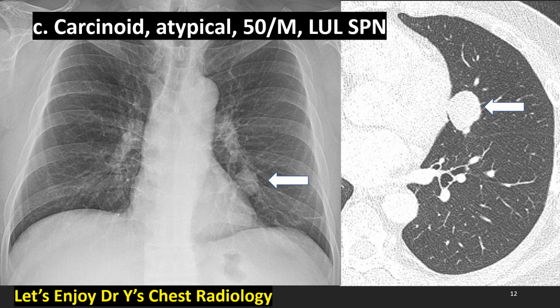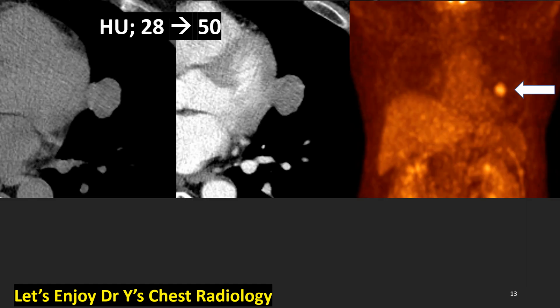Third case, atypical carcinoid, man, 50 years of age, left upper lobe solitary pulmonary nodule attached to the left heart. Contrast CT shows a little contrast enhancement from 28 to 50 Hounsfield units, and the PET-CT shows hot uptake.